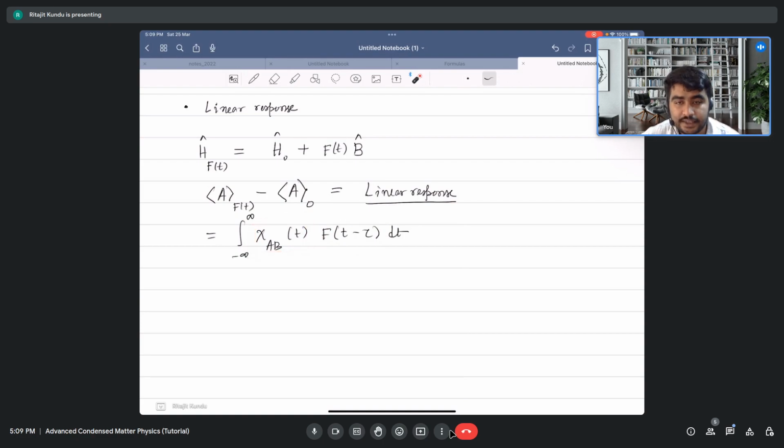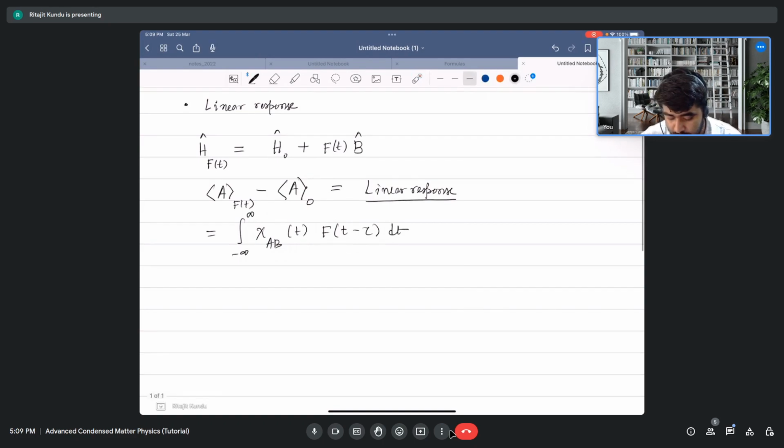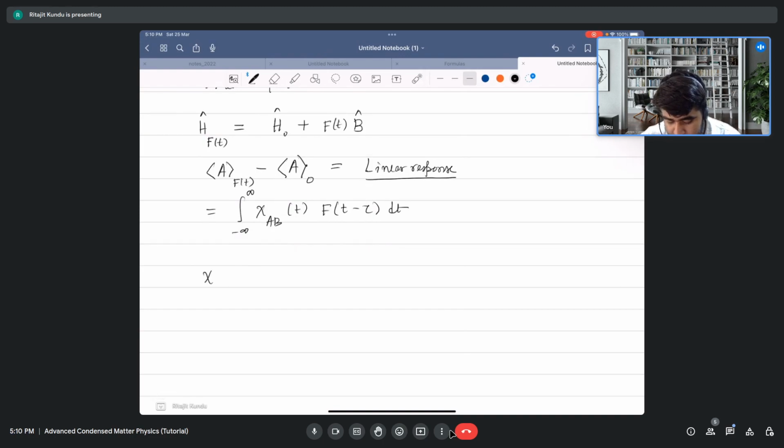Now this coefficient is really interesting because all of the information about the system is included in this thing. Depending on what is the observable A that we are choosing, and what is the operator B that the external field couples with, we can ask different questions and get a sensible answer. Let me show you how this calculation goes, like how chi AB looks. Generically chi AB is a function of these two times, t and t prime.